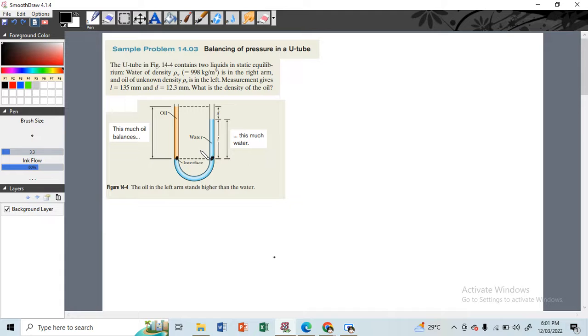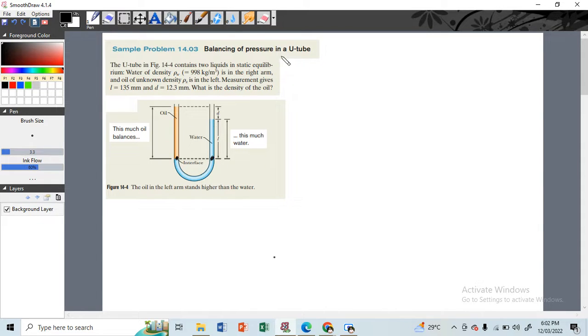Just by the position of the two points in a straight line, we could take a conclusion that these two points have the same pressure. So that is the hydrostatic law.